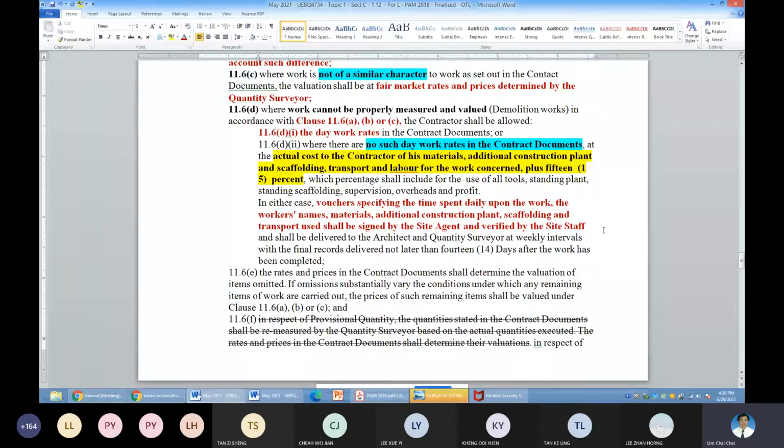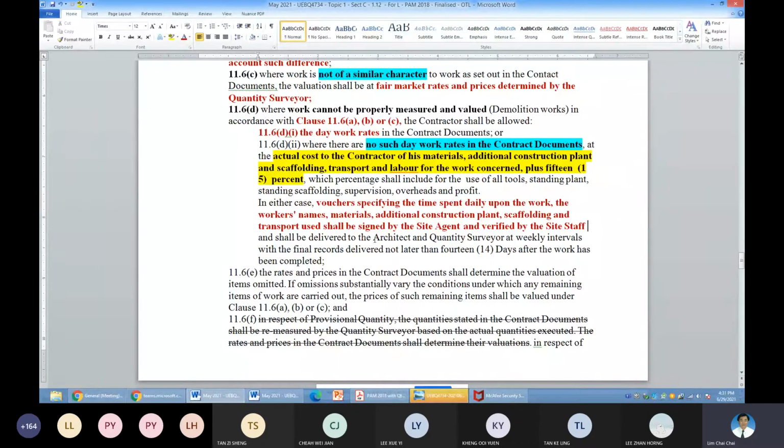They slash here, slash there, at their own whims and fancies. But it's illegal. As long as it is signed by the site agent, the site agent representative, or the site staff, that is the employer's or the architect's representative, you pay accordingly. If you want to bring it up to the owner or the architect, it's up to you. But that is the figure you have to honor first.